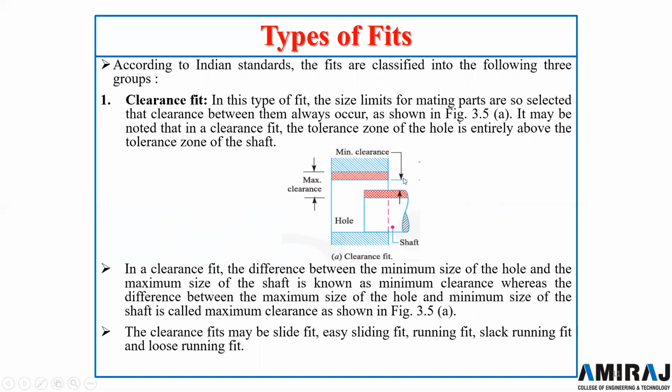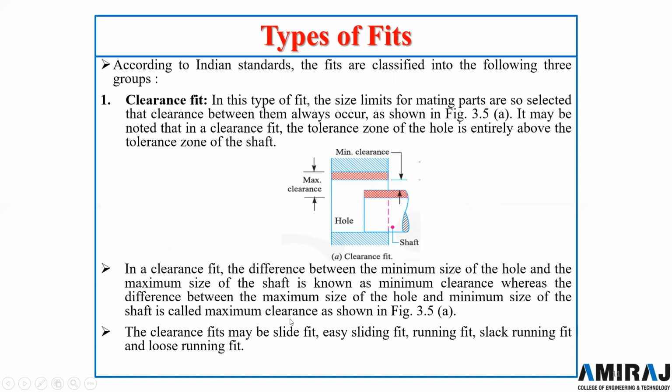We get a difference that is called the minimum clearance. Whereas the difference between the maximum size of hole and the minimum size of shaft is called the maximum clearance.